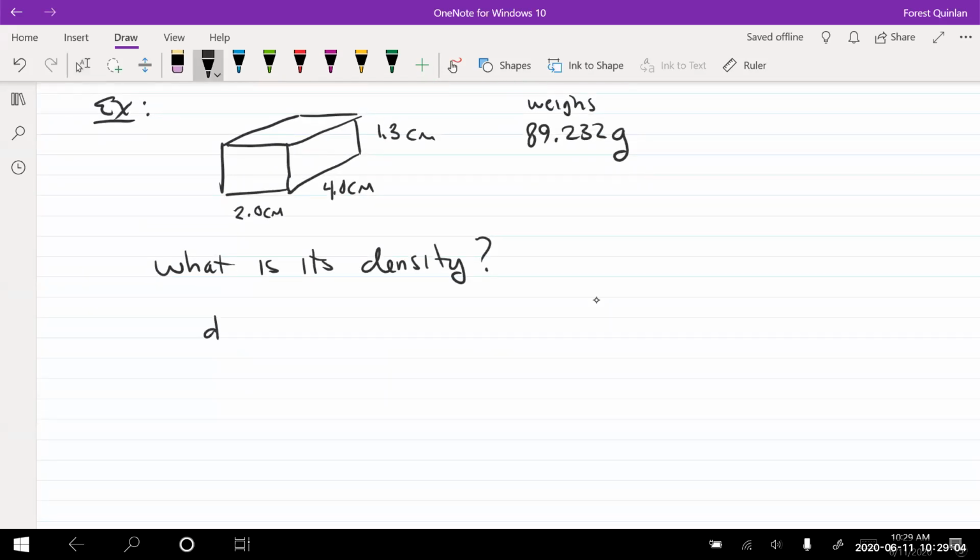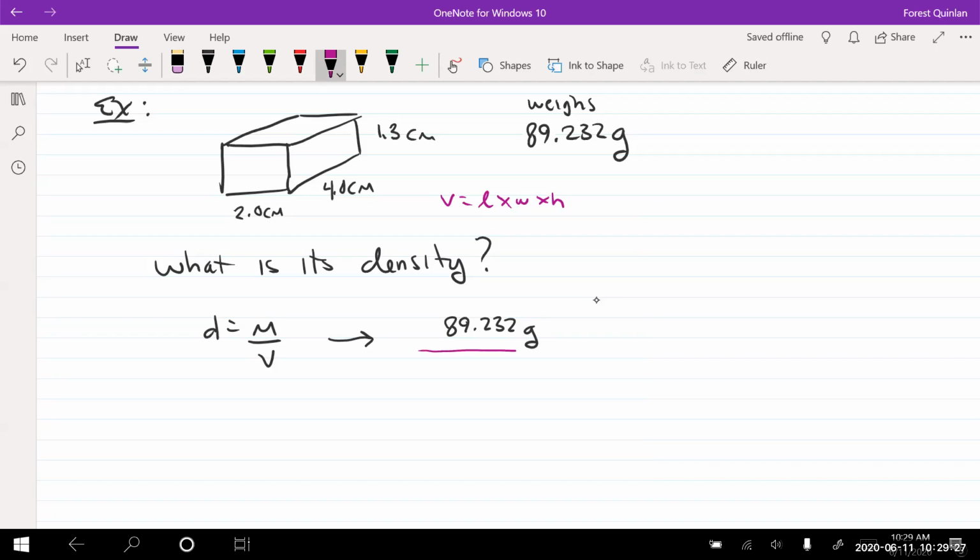Well, if we have density equals mass over the volume, we already know what the mass is. That's 89.232 grams. And the volume we know is going to be length times width times height.